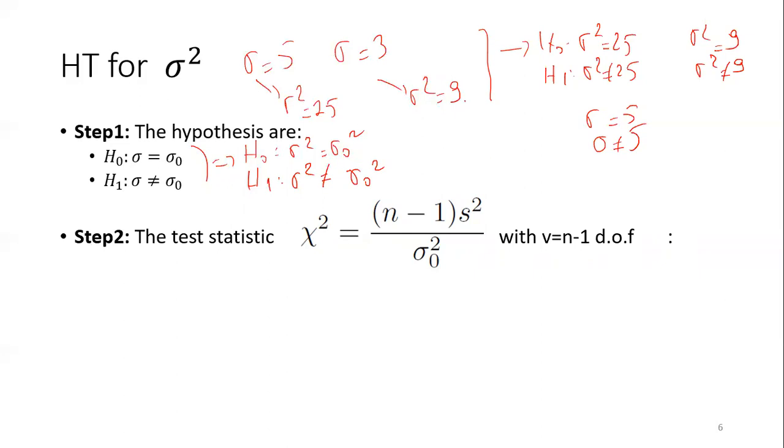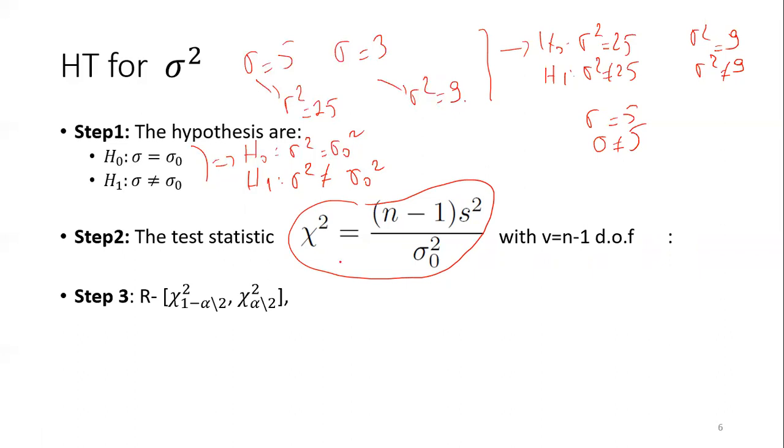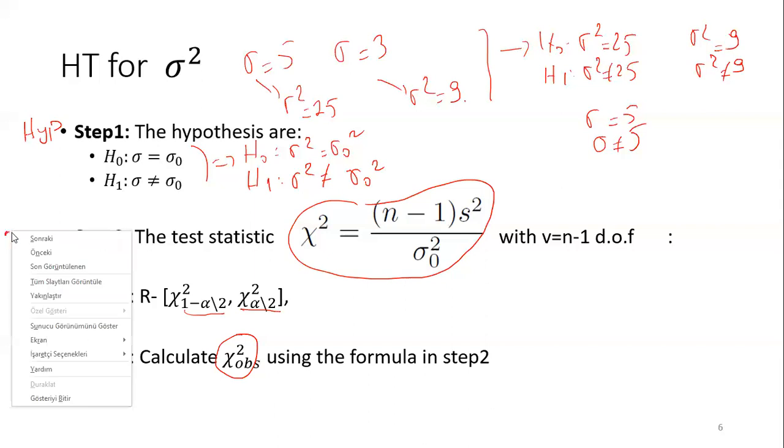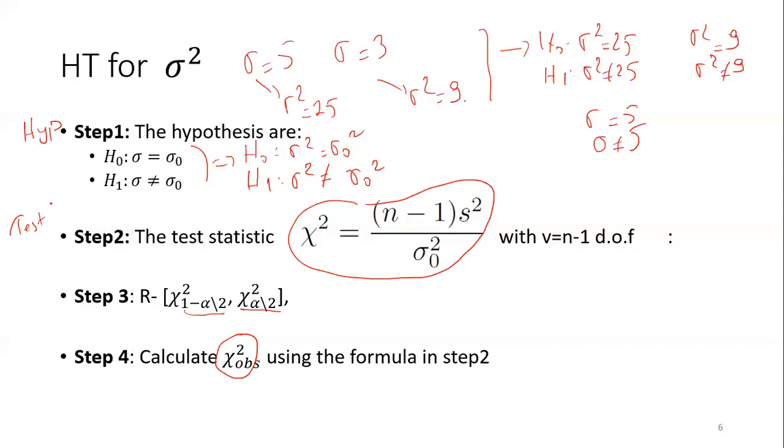This is the test statistic you would use: chi-square equals n minus 1 times s square divided by sigma 0 square. And this is my critical region. Remember, the chi-square leaves an area of alpha over 2 to the right and alpha over 2 to the left, or 1 minus alpha over 2 to the right. Then calculate your observed value. Step 3 is your critical region.